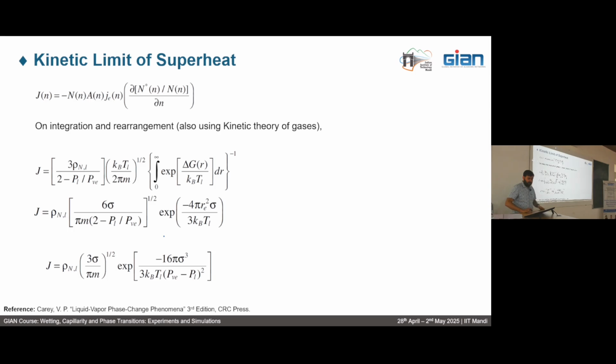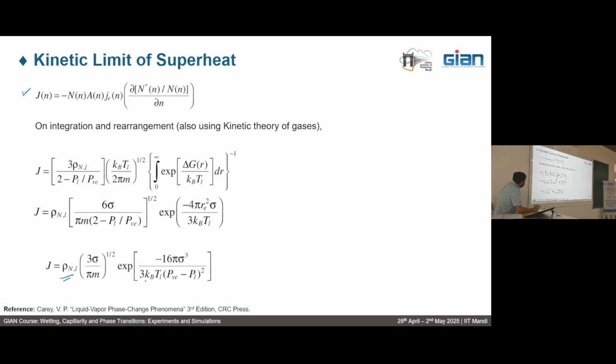Further, using the same equation where we assumed n to be a continuous variable, and integrating and rearranging using the kinetic theory of gases, we get this equation here. J equals rho N_L times the square root of 3 sigma by pi m, times the exponential of minus 16 pi sigma cubed upon 3 k_B T_L times (P_V minus P_L) squared.